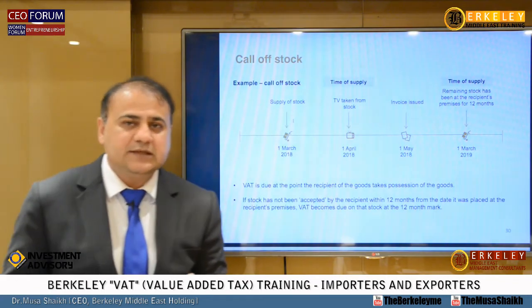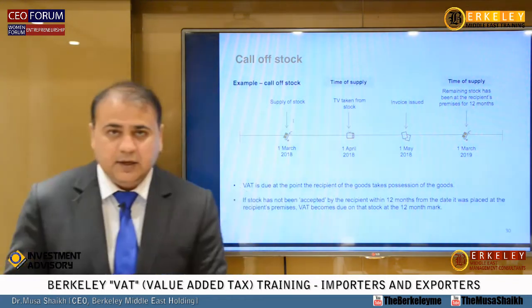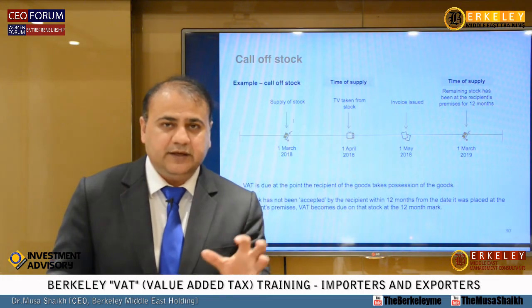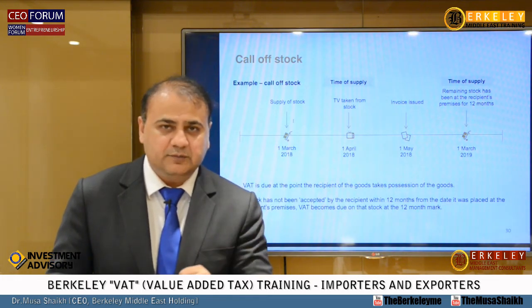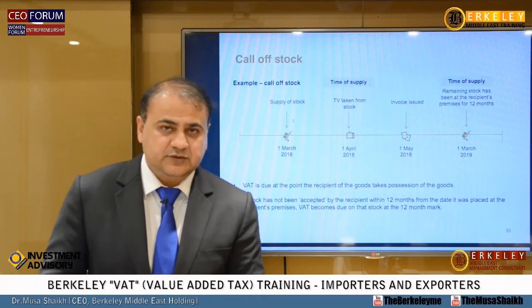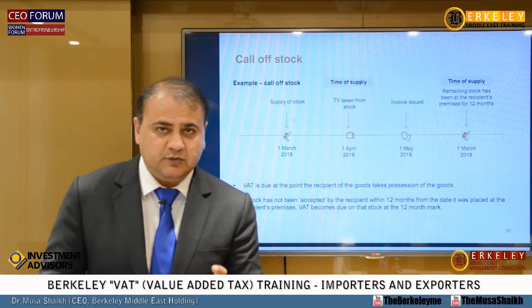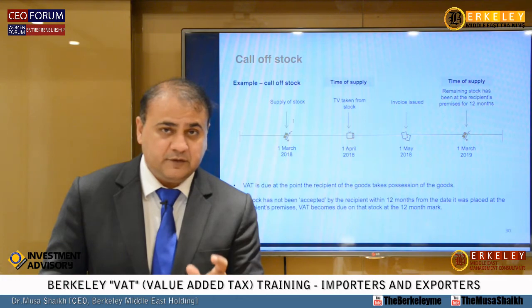What would be the scenario in this case? VAT is due at the time when the goods come into your possession. If the stock has not been approved and accepted by the recipient, then for this 12-month period you have to see what accounting and liability you can create for that.